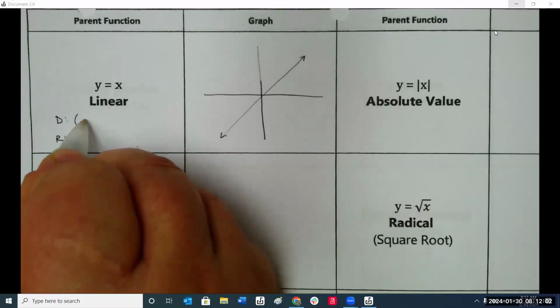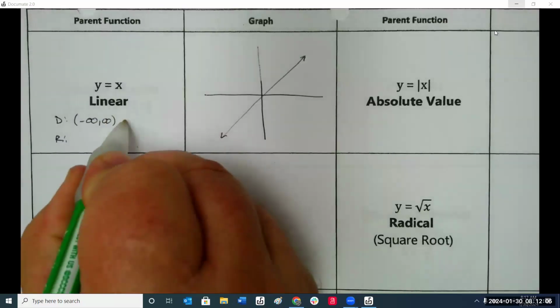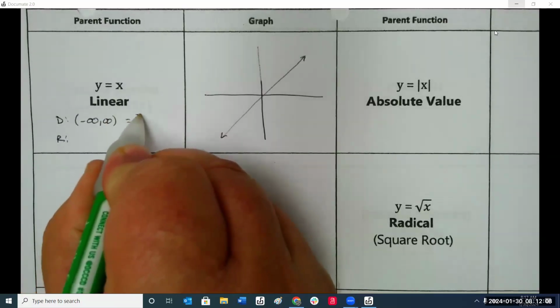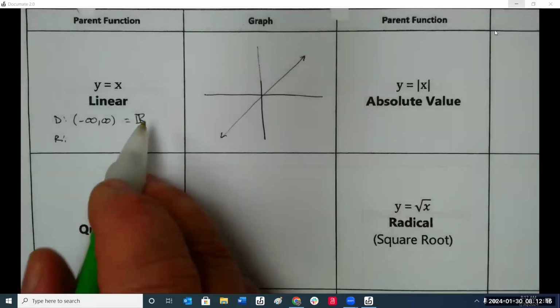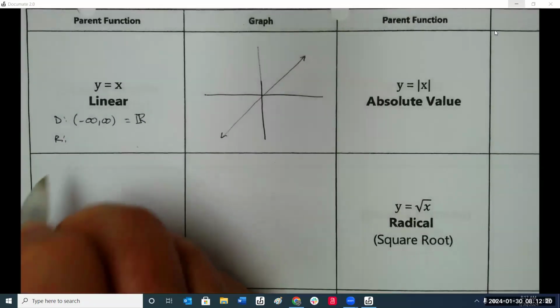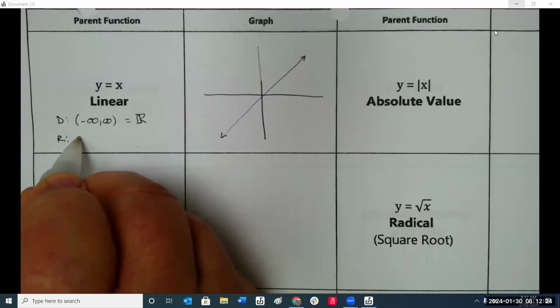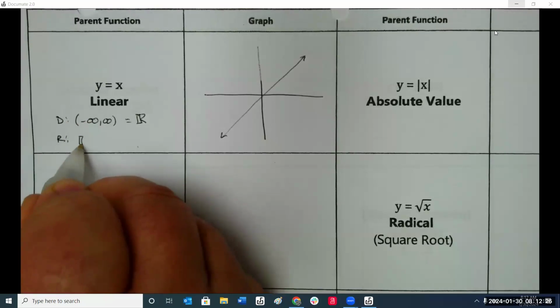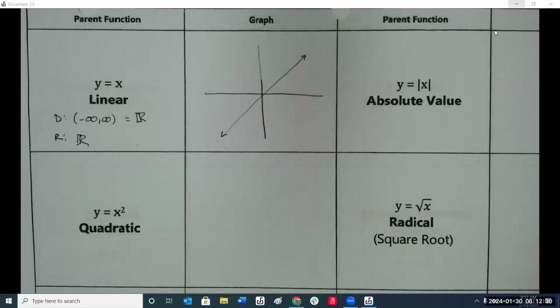When we say all real numbers, we're saying everything from negative infinity to positive infinity, or we can simply write the all real numbers sign. It kind of looks like the realtor's symbol. What's the domain? And the range? All real numbers. I got my questions confused.